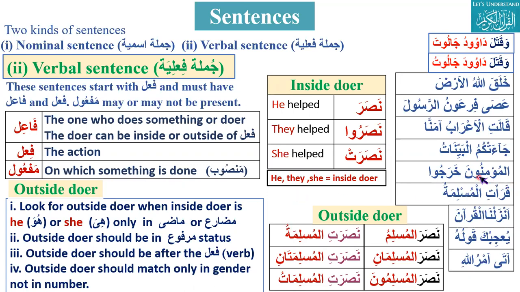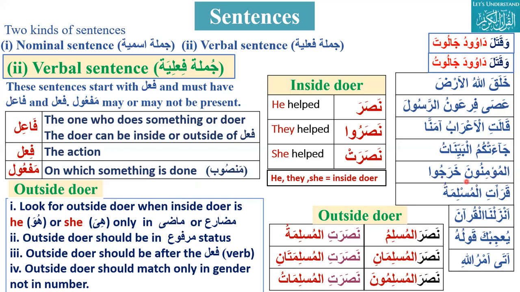Can you please take this one? Al-mu'minuna kharaju. Okay, so it is what? It's a verbal sentence. Can you please define verbal sentence? Verbal sentence starts with verb. What is the starting word here? Al-mu'minuna. Is al-mu'minuna a verb or a noun? I believe it should be a noun, but that it is before al confuses me. There is nothing to confuse you.